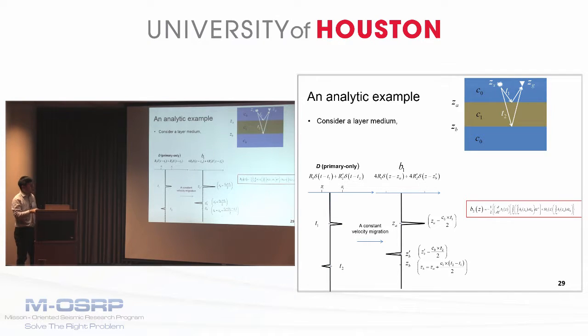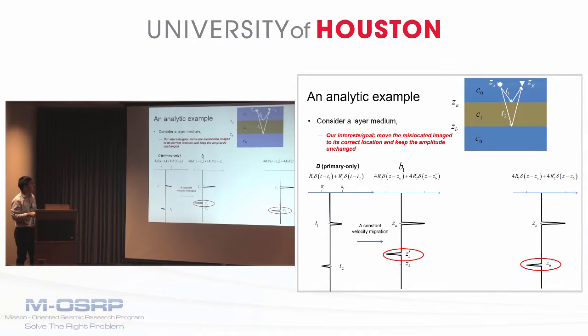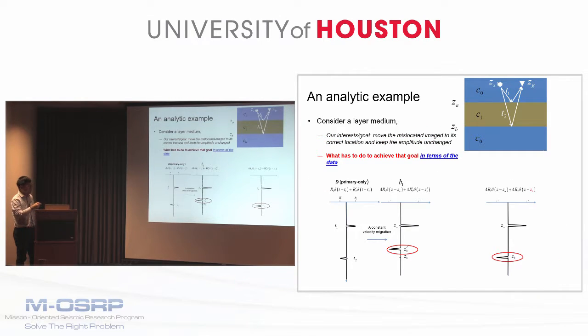So before I show you what this term specifically computes, let's remind ourselves what our interest and our goal is. If our goal is to move this mislocated event, this image, to its correct location from ZB prime to ZB, and leave the amplitude unchanged, focusing only on the location of this image, then let's imagine what has to be done to achieve that goal, in particular in terms of the data.